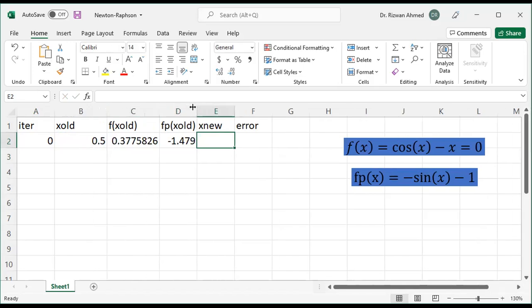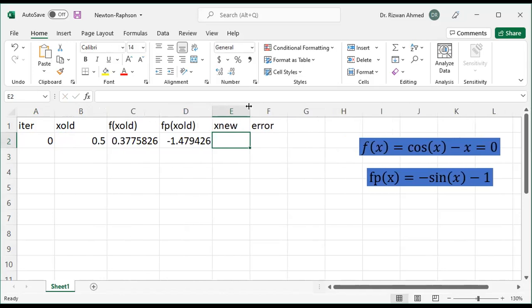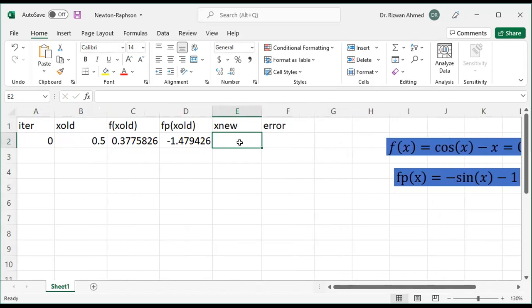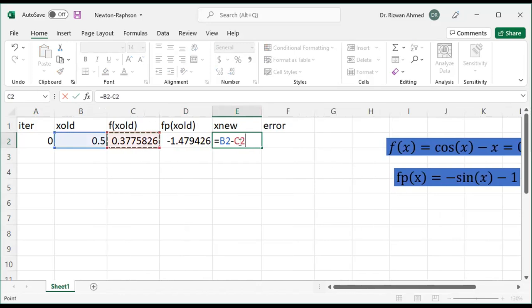Now the computation of the new value. Let's expand the cells a bit so that the view is much clearer. So step-by-step calculation, right? X new is equal to x old minus f of x old divided by the f prime of x value, right? Values have been picked from their respective cells.